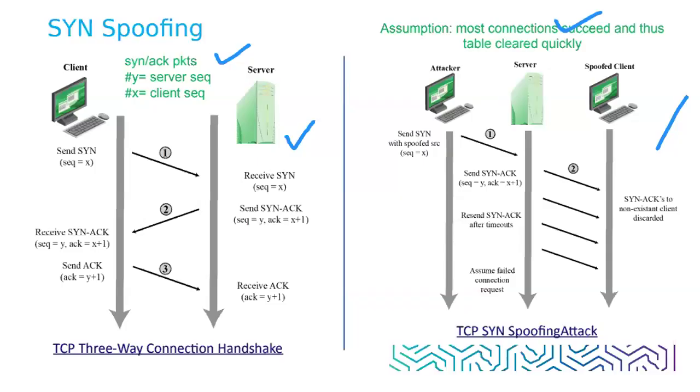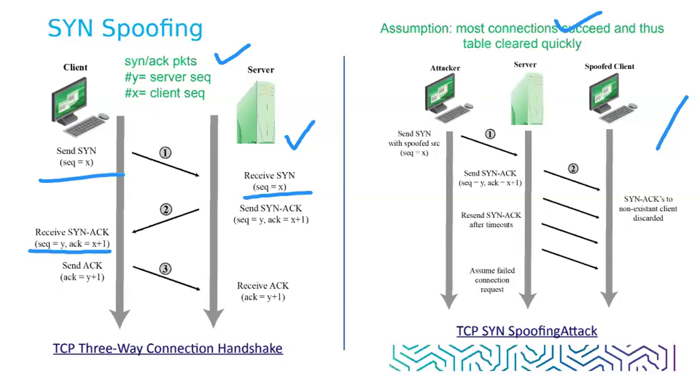Here the client wants to establish a connection, so it sends a packet called SYN with the sequence number X. It is like saying, hello server, I want to connect with you. The server receives the SYN packet and replies with the SYN acknowledgement.